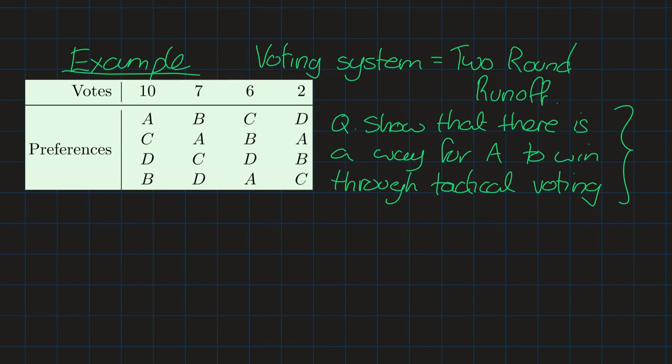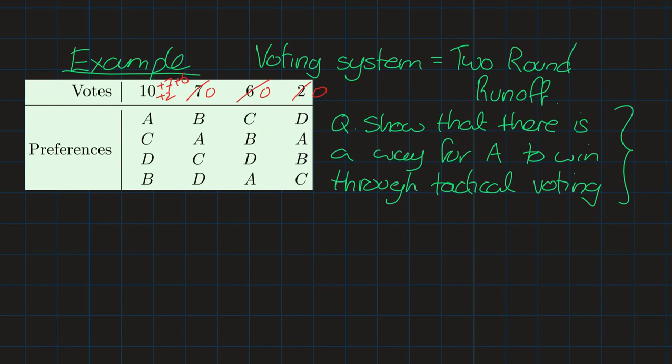If I was somehow omnipotent and could control everything, I could just move everyone else's votes to A, add +7, +6, +2. I could move everyone to A, but that isn't tactical voting.